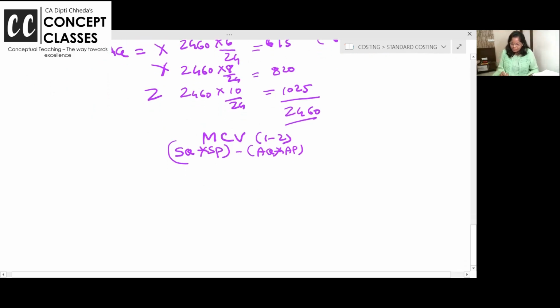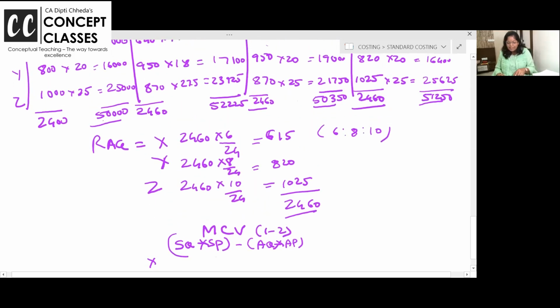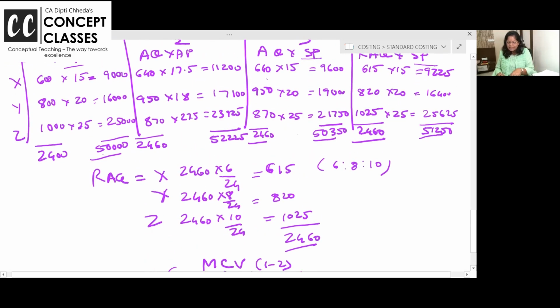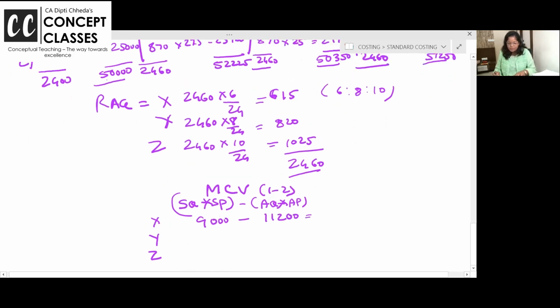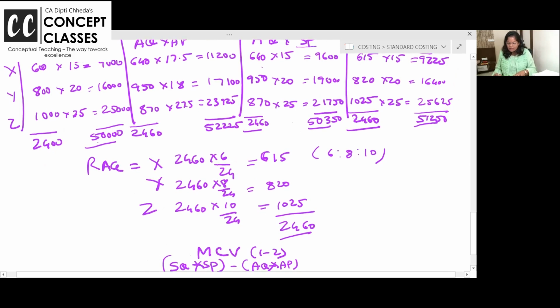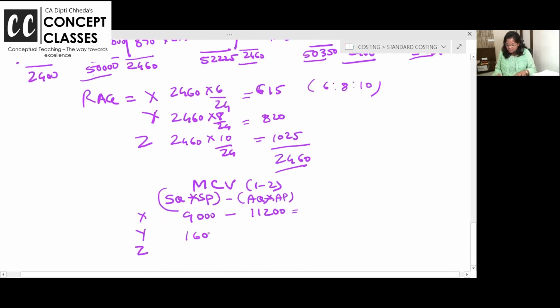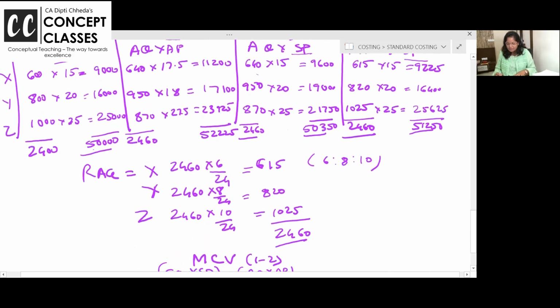Can we calculate for all the three? X, Y, and Z, as we have the figures ready. 1 minus 2. X ka 1 hai 9,000 standard. Actual cost hai 11,200. For Y, 16,000 minus 17,100.